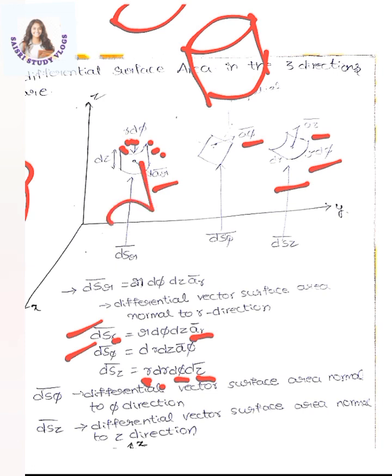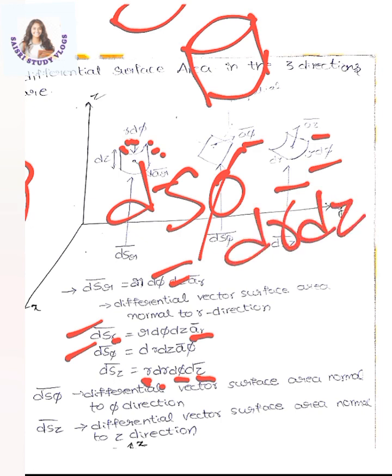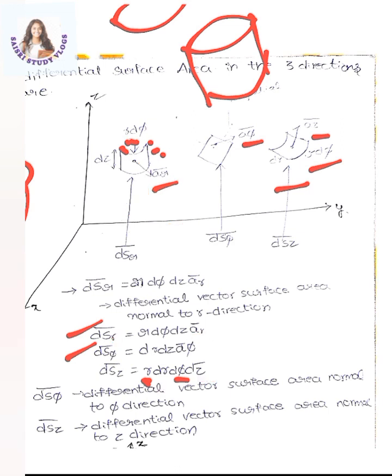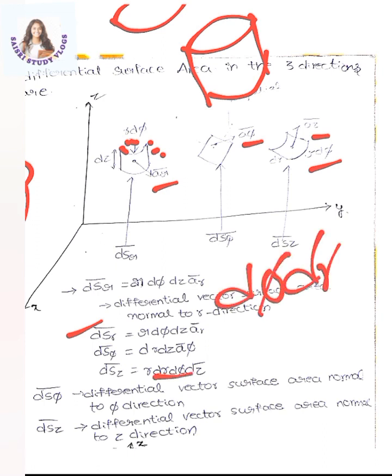In the same way, ds phi is equal to the other two parameters dr and dz, and the unit vector is a phi. And the other one, ds z bar, here we have z, so the unit vector will be az bar, and the other two parameters are d phi and dr, but we have to write r d phi before dr. So this is the formula.